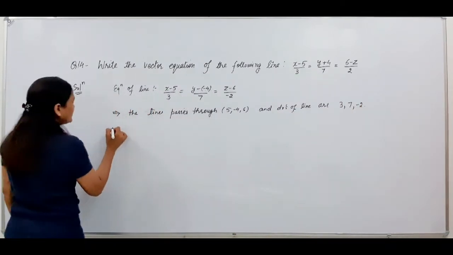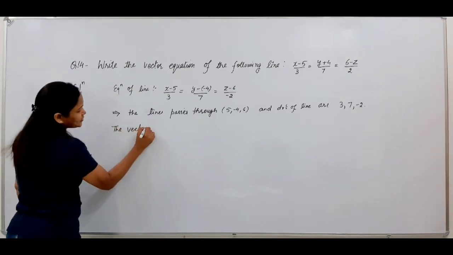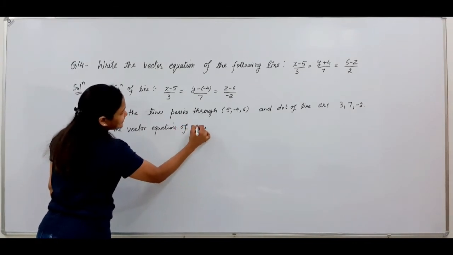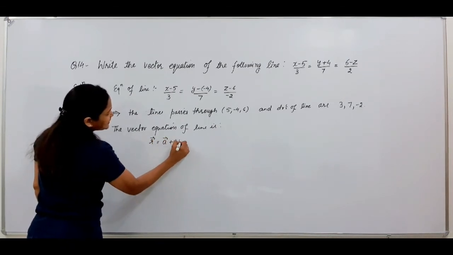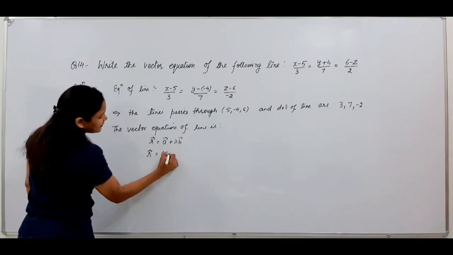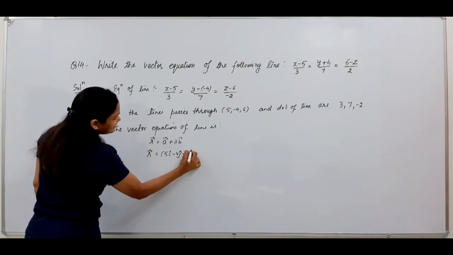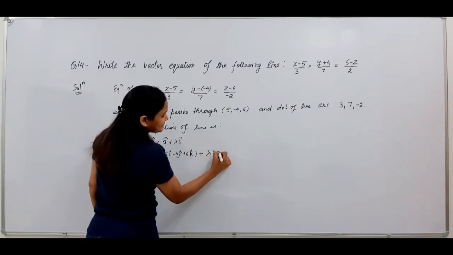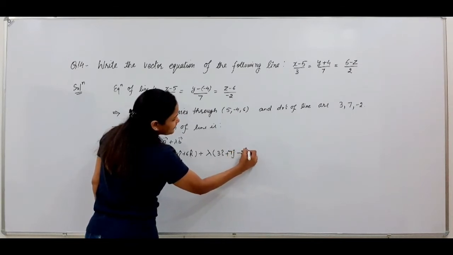So the vector equation of line is r is equal to a plus lambda b, where a is the position vector of the point from where it passes through and b is the direction vector of this line, that is 3i plus 7j minus 2k.